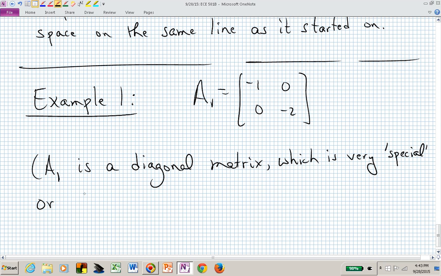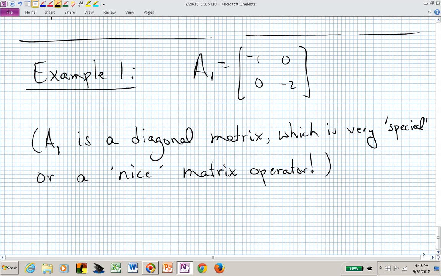Or you could say it's a nice matrix operator. Now, let's assume that we don't know all there is to know about eigenvalues and eigenvectors, and suppose that we think about a vector v1. Suppose that vector v1 lies on the x-axis.